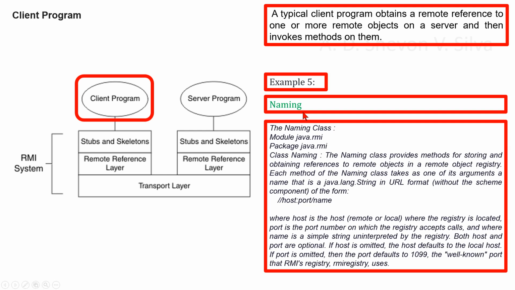Both host and port are optional. If the host is omitted, the host defaults to the local host. If the port is omitted, then the port defaults to 1099, the well-known port that the RMI registry uses.